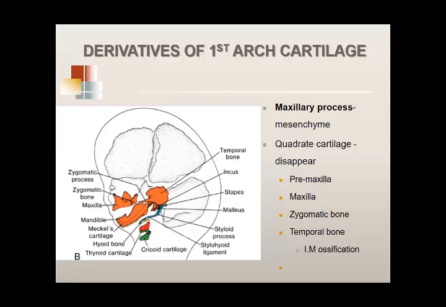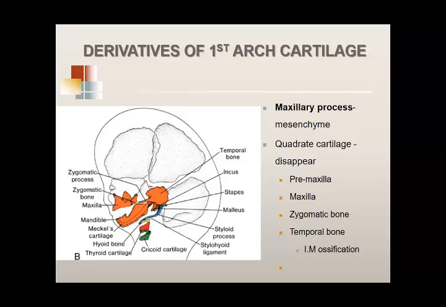Now see that all these bones, maxilla, zygomatic bone, temporal bone, all developed by intramembranous ossification. The mandible developed by intramembranous ossification. So the bones of the first arch all developed by intramembranous ossification. We have already discussed that intramembranous ossification occurs in bones where you need early support.